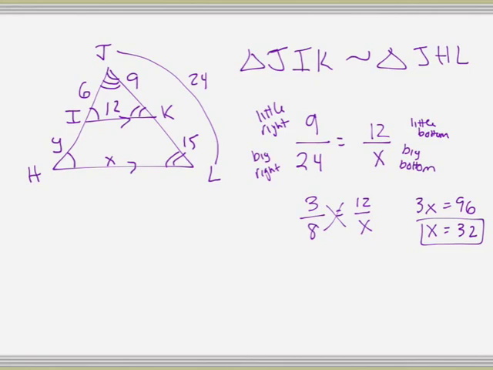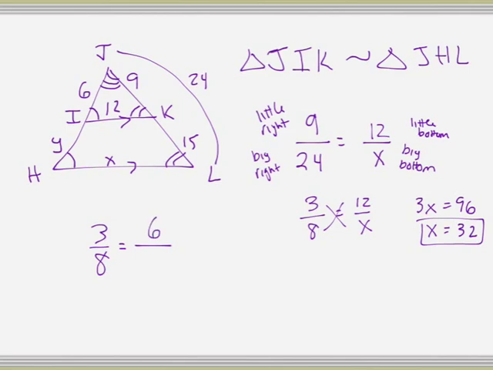If I want to solve for y, if 3/8 was the scale factor for one part of this, 3/8 should be the scale factor for any relationship in here. 3 was representing the small triangle. So if I'm trying to solve for y, then I'm looking at the left-hand sides. What is the small left? 6.